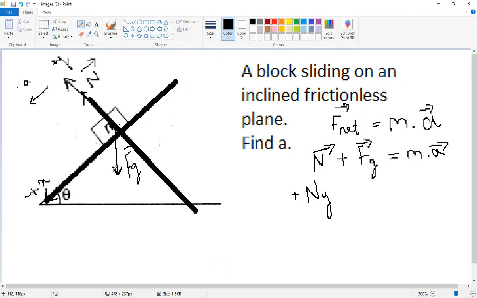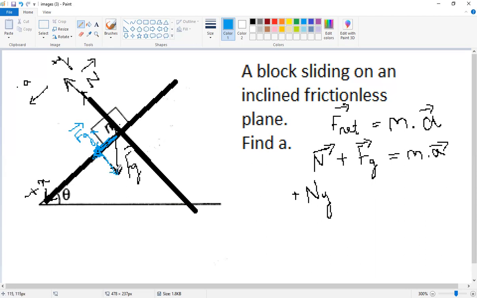To get the x component of this vector, we project this vector on the x-axis, and you will get Fgx, which is just this part here. Did you see it? Okay, this is Fgx, and it's pointing in the positive x direction. And this, as you can see, is Fgy.